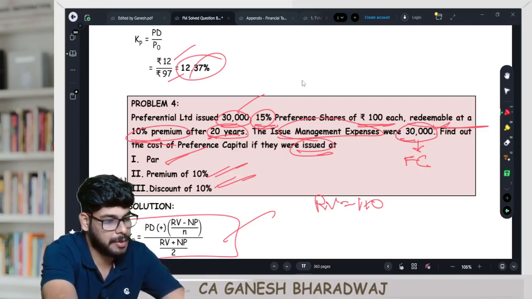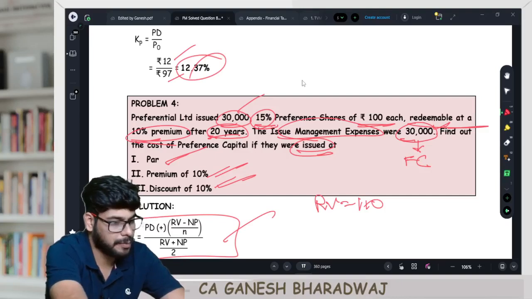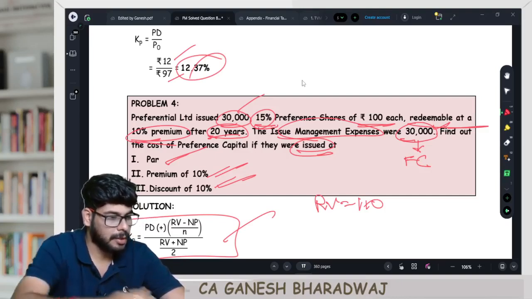Par stroke premium stroke discount. Done? Perfect.